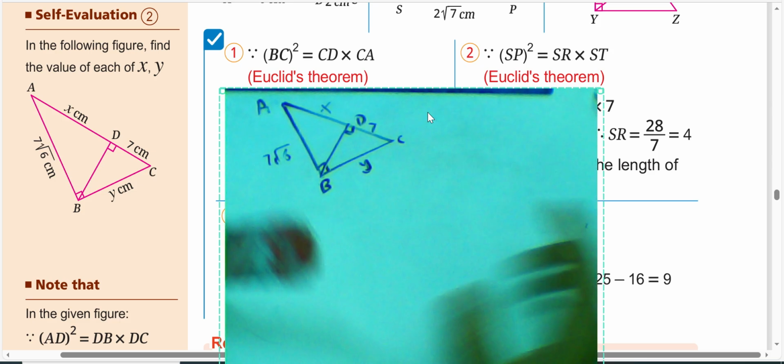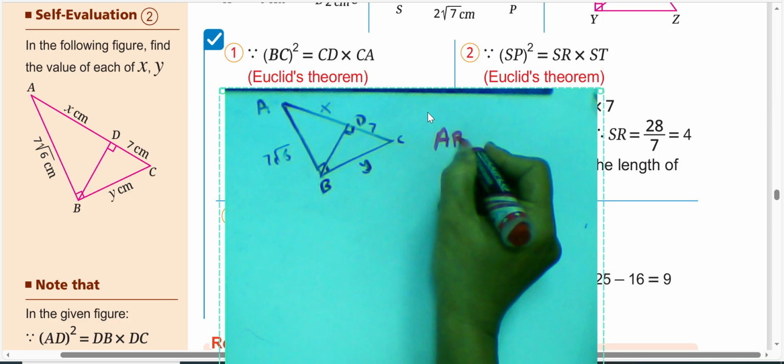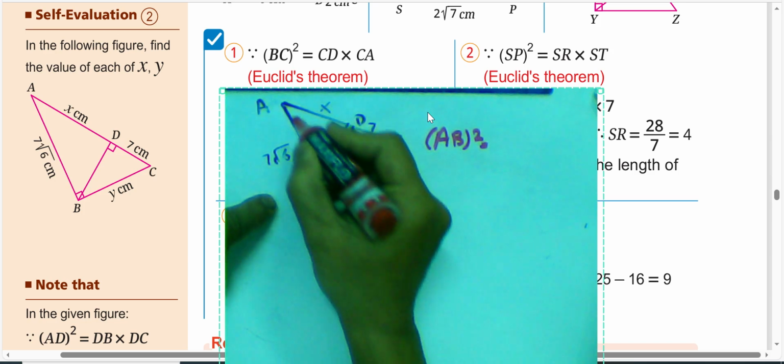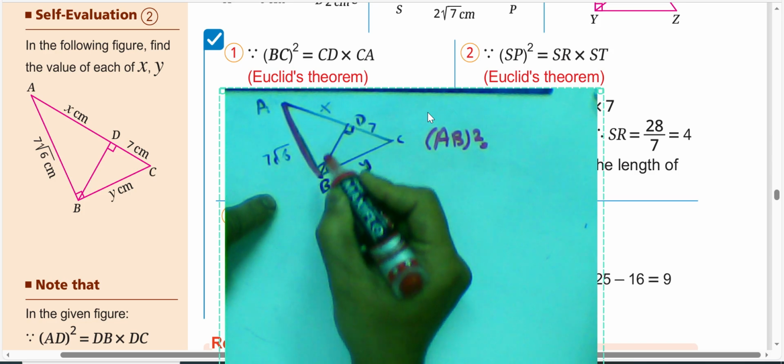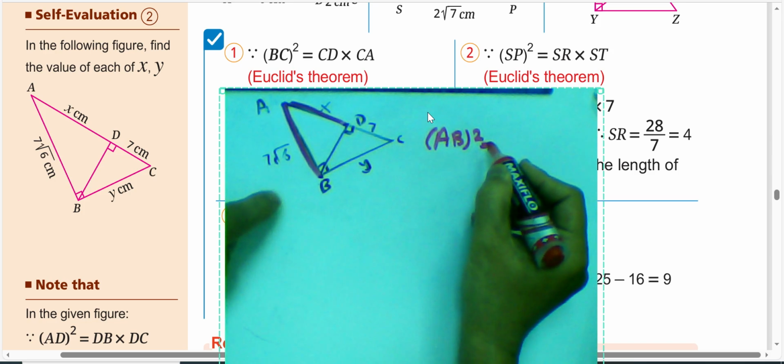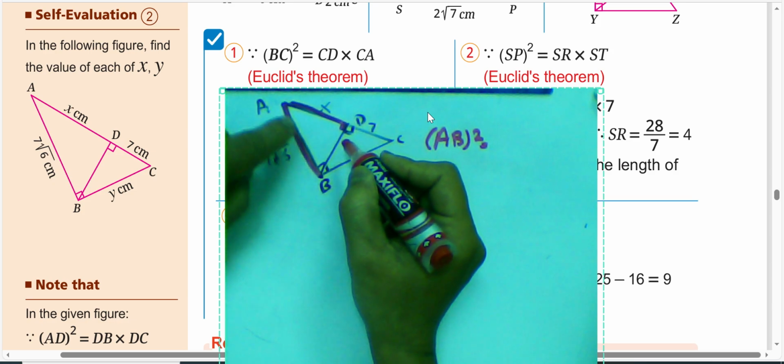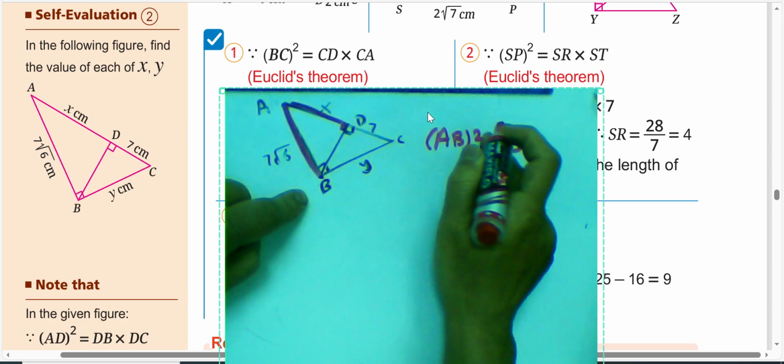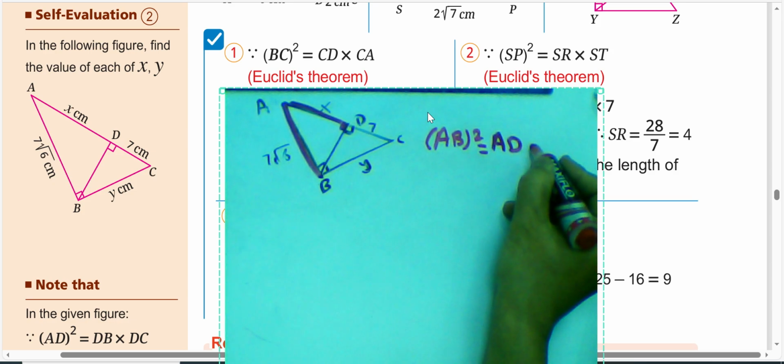Again, look, AB power 2 here equals the product of these line segments, AD times AC.